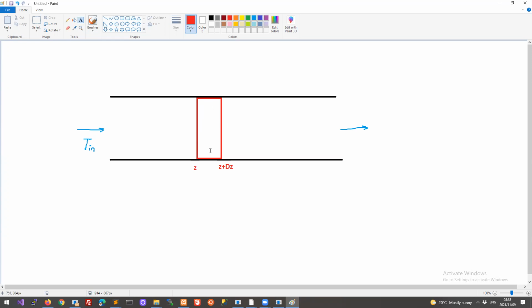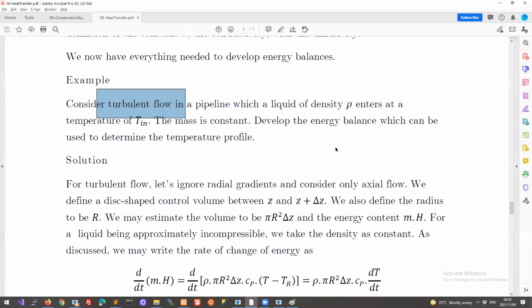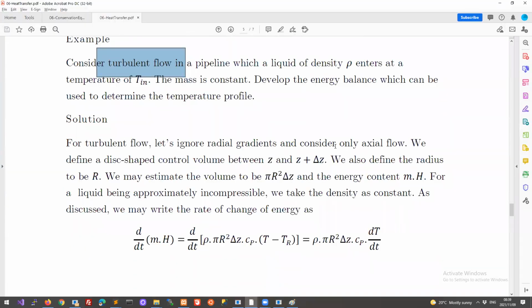So energy is well mixed this way, but we anticipate that the temperature might be dropping down the tube. So it doesn't say it's mixed axially. So because it's turbulent, that typically means radially well mixed, but not axially. So that's pretty much what we need. And now let's look at developing each of the terms.